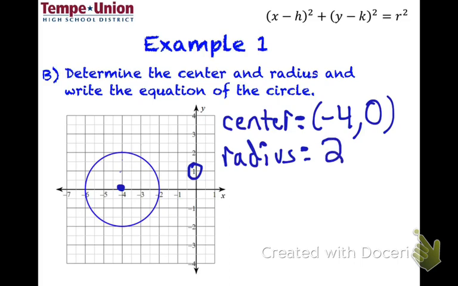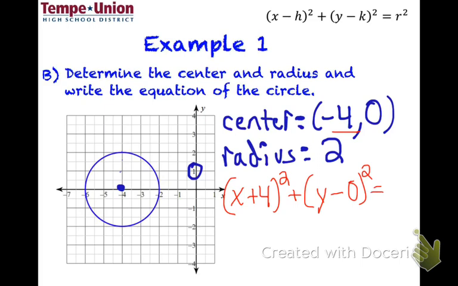Now we're able to write the equation. So we're going to say x minus, and now remember how this works, it would be x minus a -4. So if you want, you can just change that to x plus 4 squared plus y minus 0 squared equals, and the radius is 2, so that would be 2 squared.